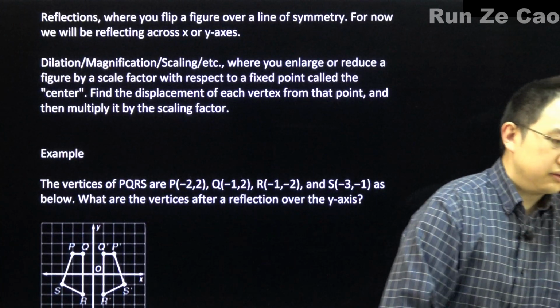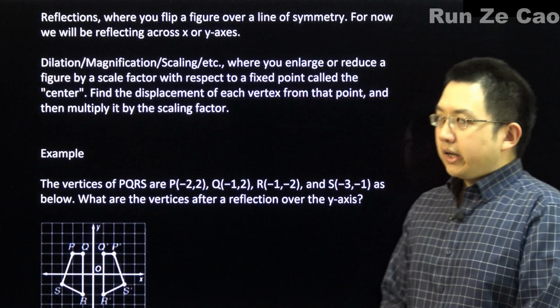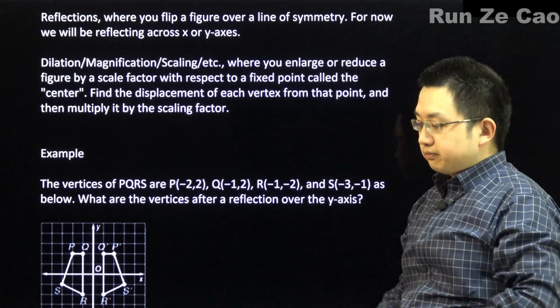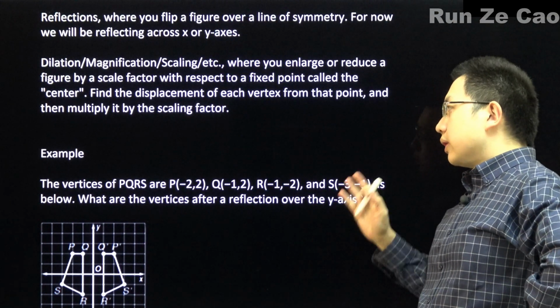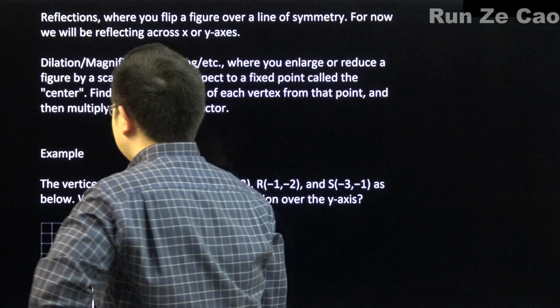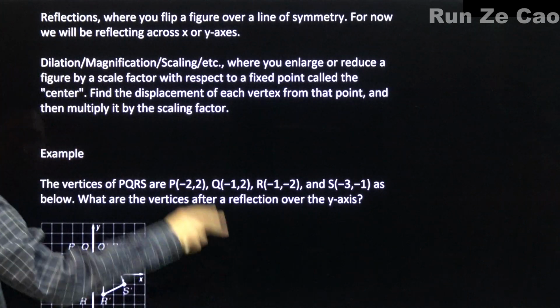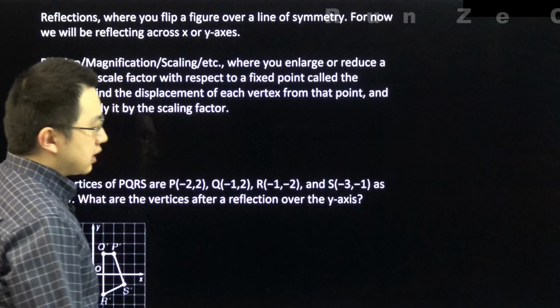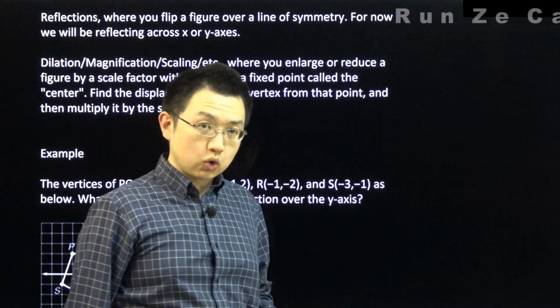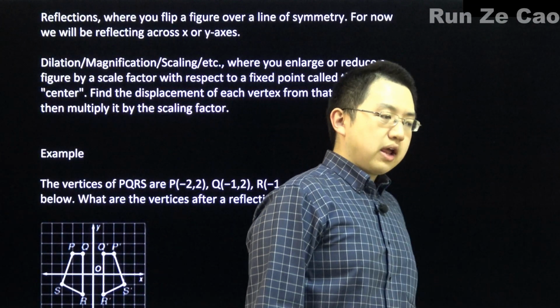Now for scaling, well, we can make a figure bigger or smaller. Now, we need a point of reference to start this scaling. And this point of reference we call the center. This is not necessarily the origin, which is 0, 0, on your coordinate grid.